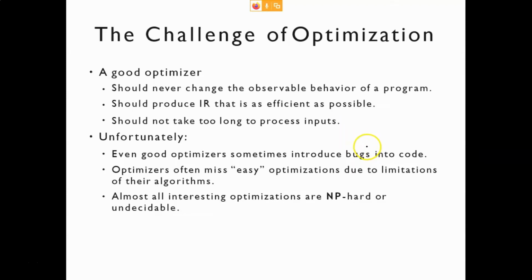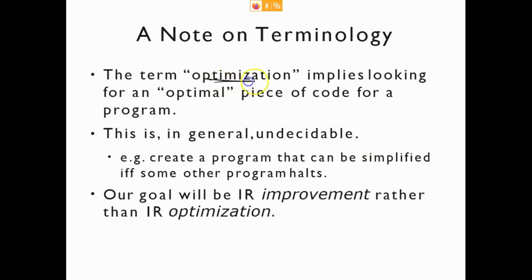Actually, technically we should not use this word optimization, because optimization means you are finding an optimal code, but actually finding the optimal code is an undecidable problem. That's why we use the term code optimization, but the actual thing that we are doing is code improvement.